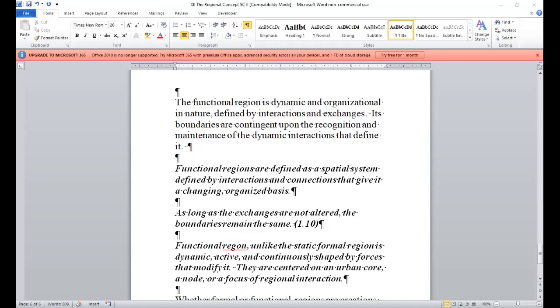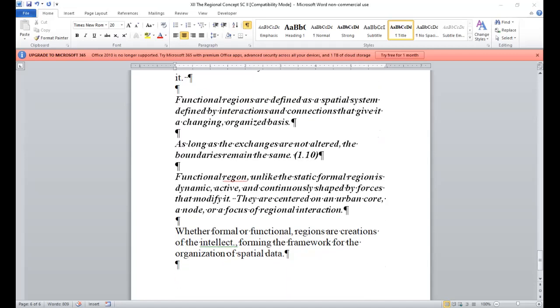So the functional regions are defined as a spatial system defined by interaction and connections that give it a changing, organized basis. So as long as the exchanges are not altered, the boundaries are going to remain the same. And on page 12, back in chapter 1, there's an inset map. You might want to turn to that too.